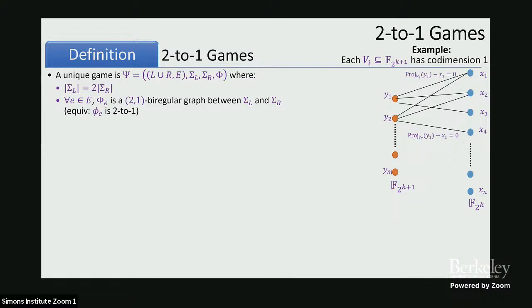Then what I can do is look at the label of the left side, project it onto that subspace, and ask whether this is equal to the vector on the right. You can observe that because we are in F2 and we did a projection onto codimension 1, this is a 2-to-1 constraint, because each projected vector has 2 lifts to the outer space.